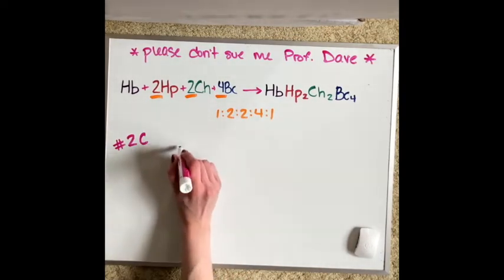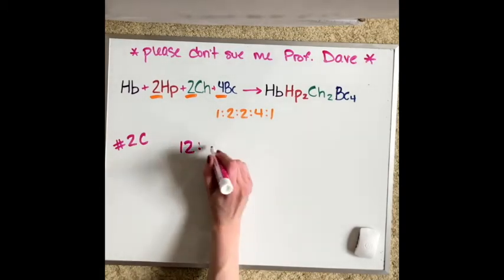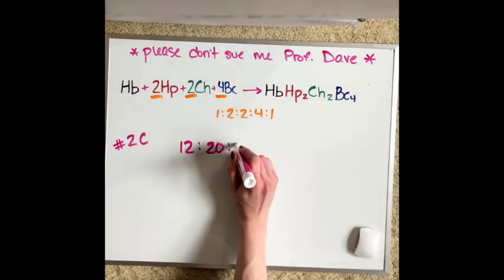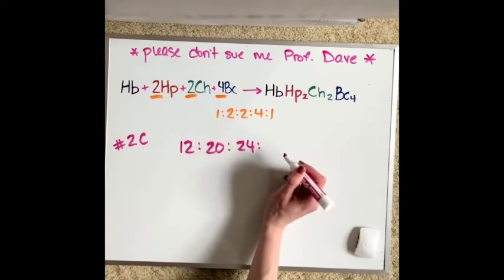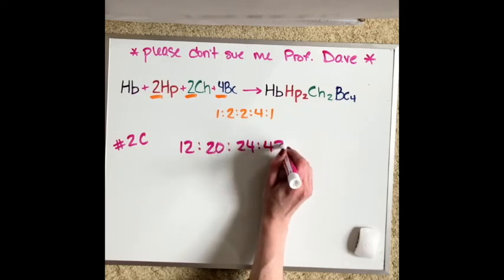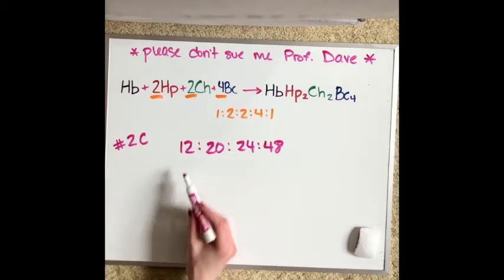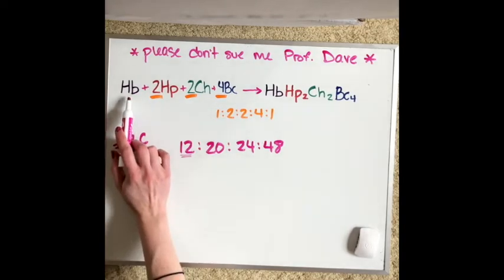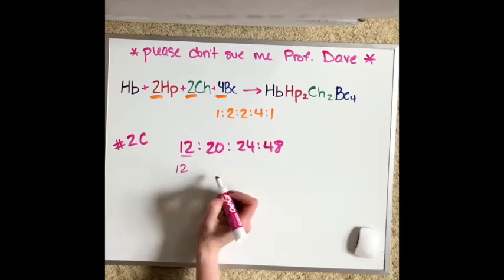We've got 12 dozen buns, 20 patties, 2 dozen slices of cheese, and 4 dozen strips of bacon. All right, so if I have 12 buns, I should be able to make 12 burgers with that.